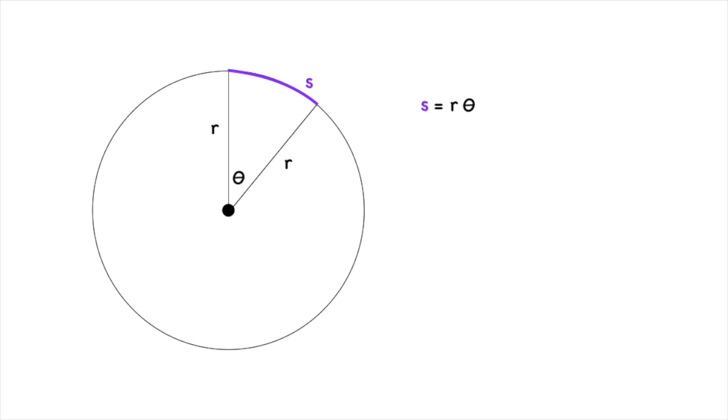To indicate that neither S nor theta is fixed, and that both can vary over a wide range, I am going to express this equality differently, consistent with our previous discussion of varying quantities. So delta S equals r times delta theta, or alternatively, the ratio of delta S to delta theta equals r.